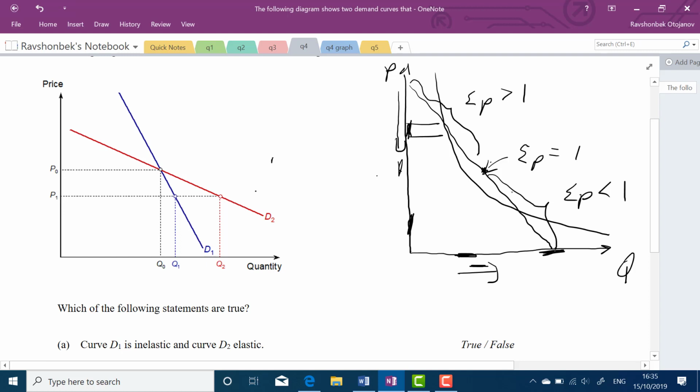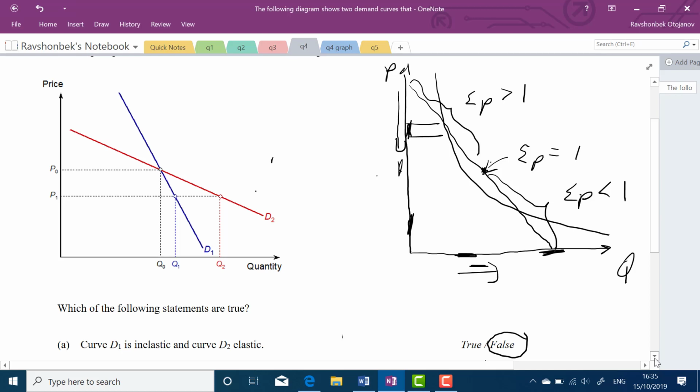As you move down along the curve, it becomes inelastic, a low value. So that's why it's false. We can only refer to elasticity as the outcome of the reaction of quantity change between two points when the price changes. Make sense now? All right, so keep that in mind.